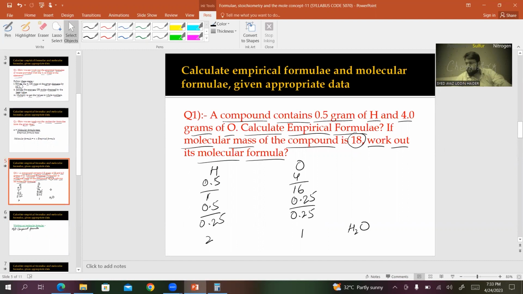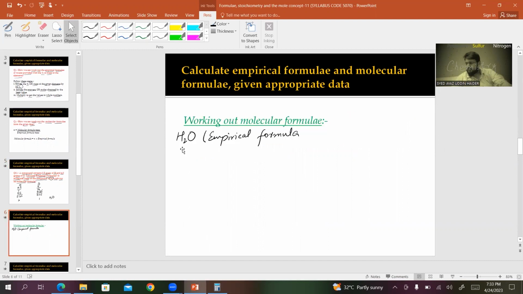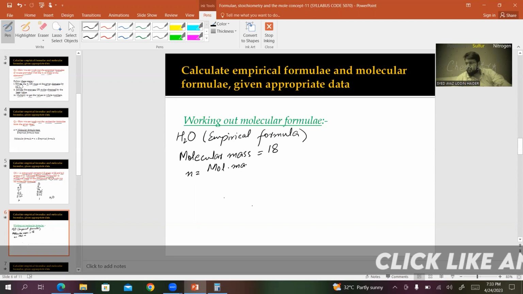The molecular mass of the compound is given, and that is 18. Now let's work out the value of n by dividing the molecular mass by the empirical mass.